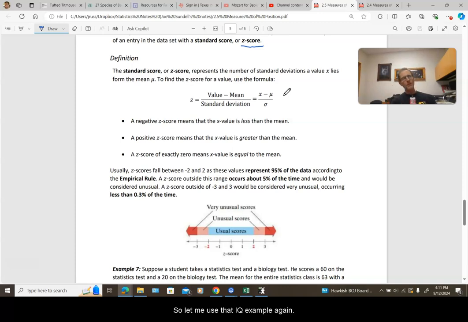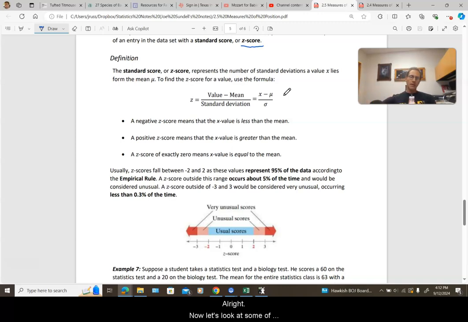So let me use that IQ example again. I think I told you that if the average IQ is 100 and the standard deviation for that distribution is 15, then somebody with an IQ of 130 would be 2 standard deviations above the mean, because 15 and 15 is 30. So the z-score associated with a raw score of 130 would be 2.